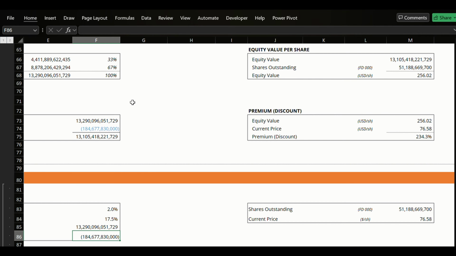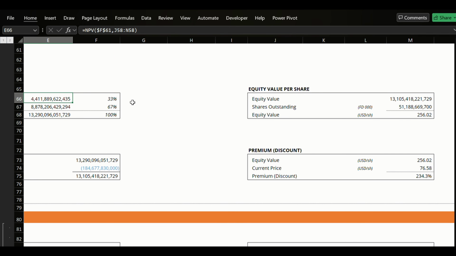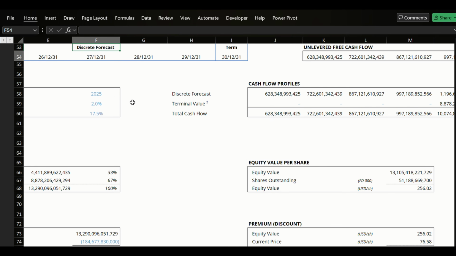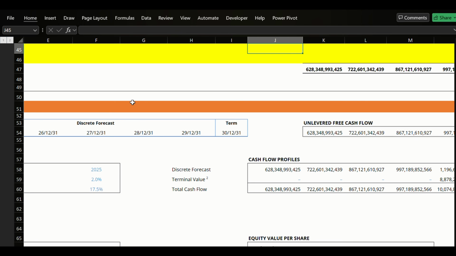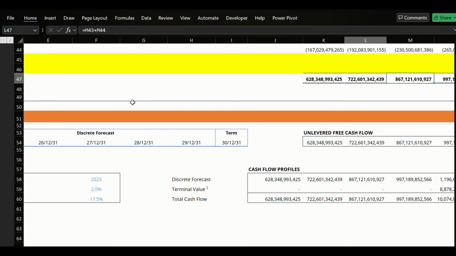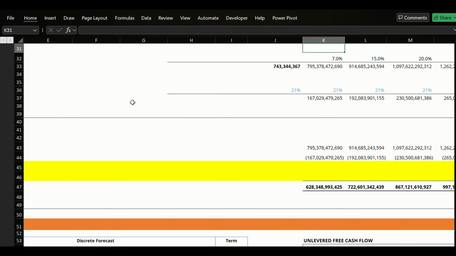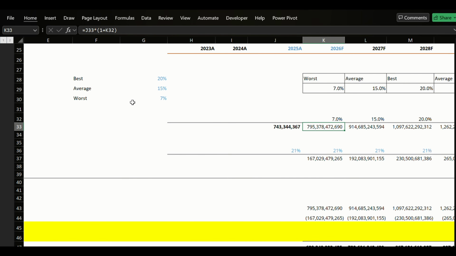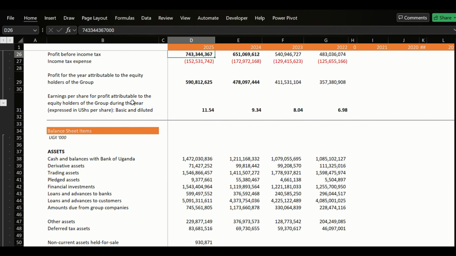And anyway, these figures aren't necessarily formatted right. Let's see. Check this out. Okay, all the figures are about right.